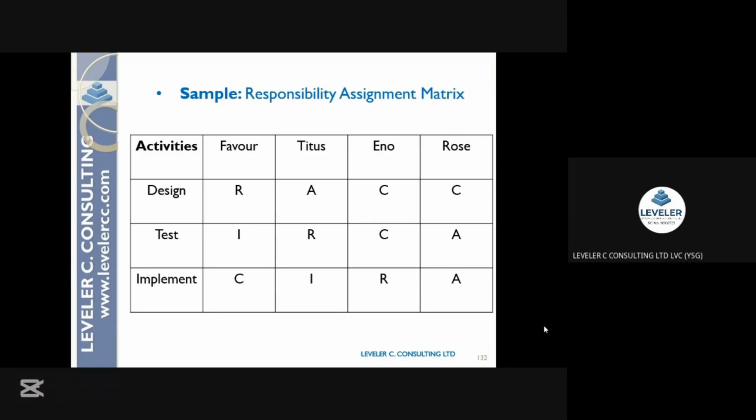A means accountable. C means consult. I means inform. Now let's look at it properly. Responsible means the person that will do the work, the person that will carry out that work. Accountable means the person that will do what? The person whose opinion will be sought.